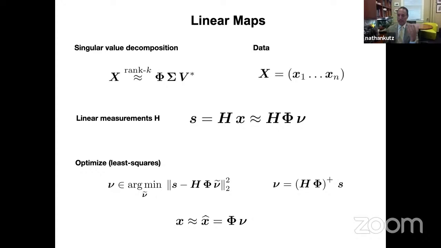Okay, so that's a linear map. And again, this is something that's commonly used because SVD is very easy to generate. You can do an SVD of any matrix, and you're taking advantage of subspaces that are usually linear subspaces that are typically interpretable in the context of which they were generated. Okay.